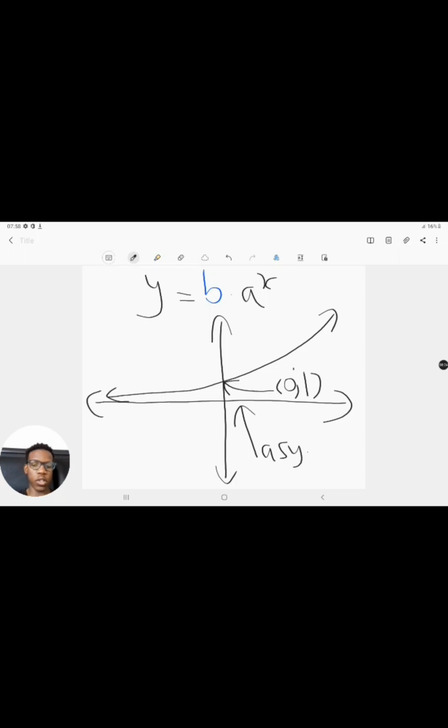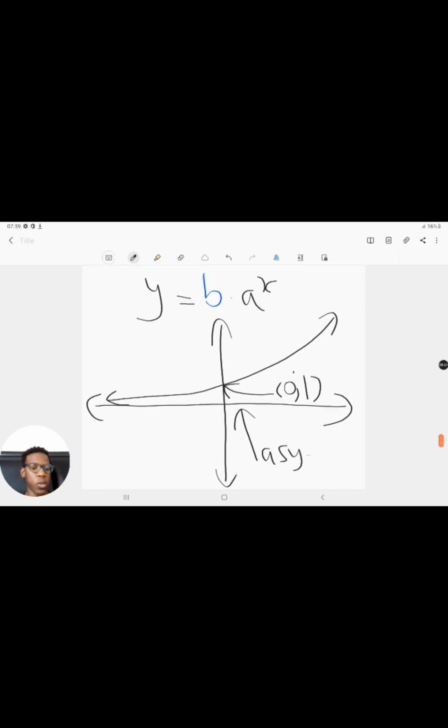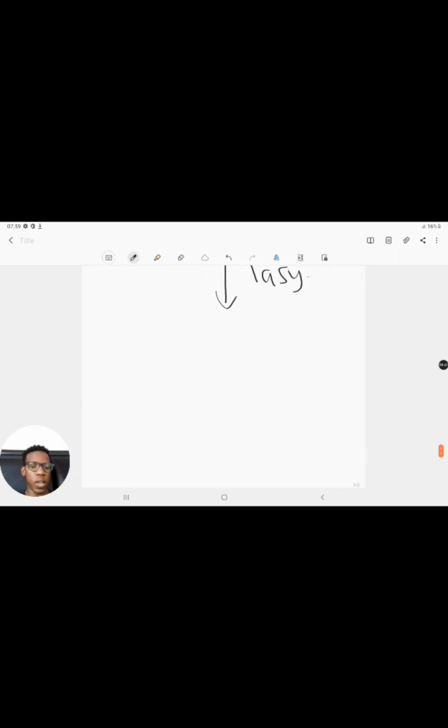That's our asymptote. Now, what would happen if I added that coefficient b in front of our equation? Well, let's use an example. I think the best way to illustrate these things is through an example.